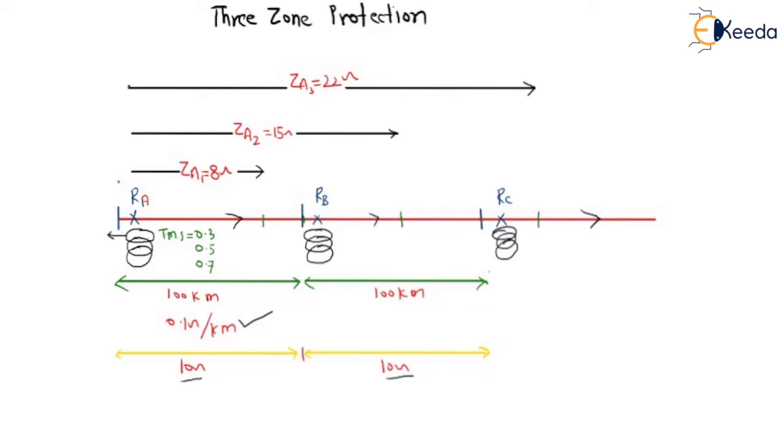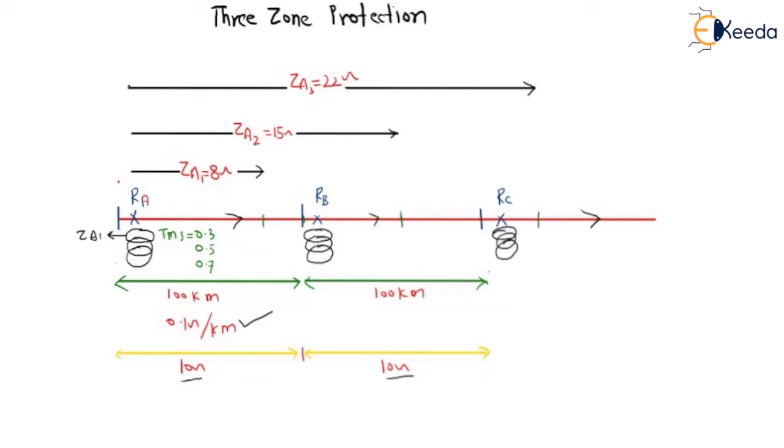The first disc setting, ZA1, is 8 ohm. ZA2 means for the disc the reach is 15 ohm. For disc number 3, ZA3, the reach is 22 ohm.